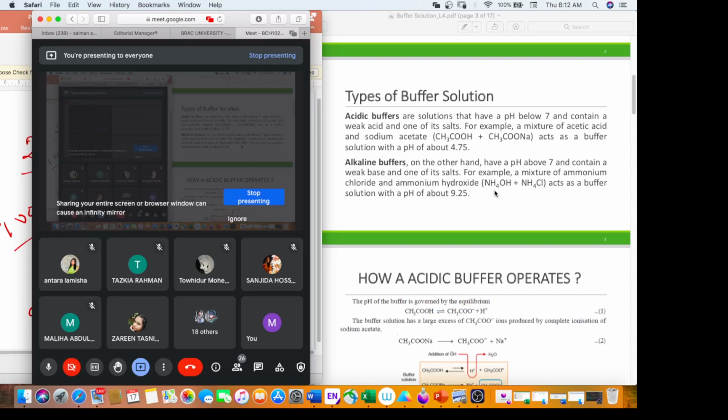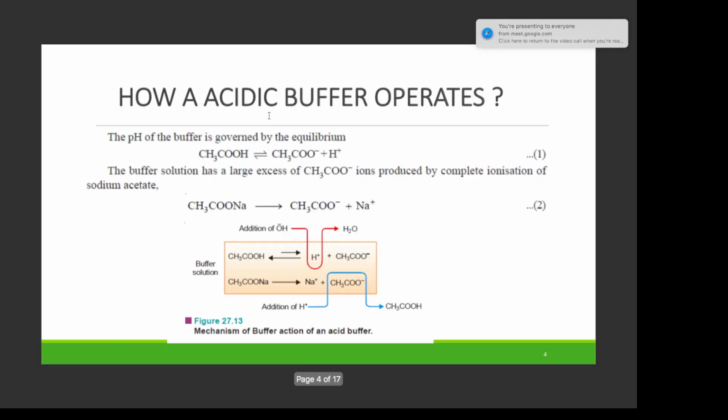Okay, so now look at how this buffer actually operates. That means how this buffer actually works. First of all, look at the composition of the acidic buffer. We discussed that the acidic buffer is composed of acetic acid and its corresponding salt, right?